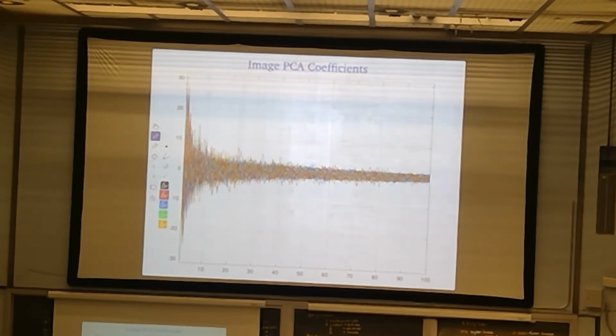They all have this pattern. The eigenvalue has this drop off, but the coefficients also, for the first few, the size of projection is much larger. The later frequency components just have less energy.